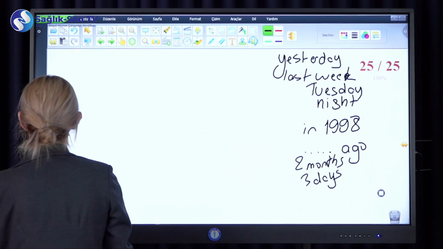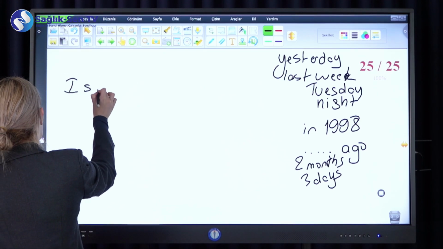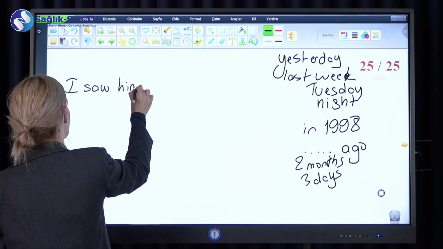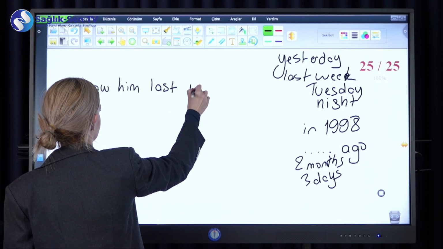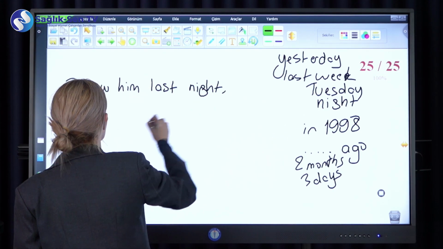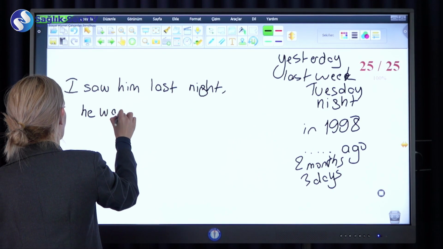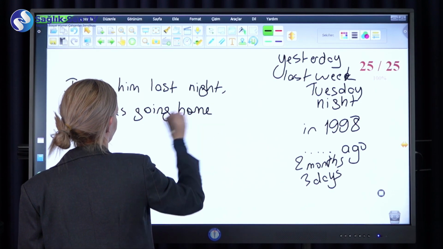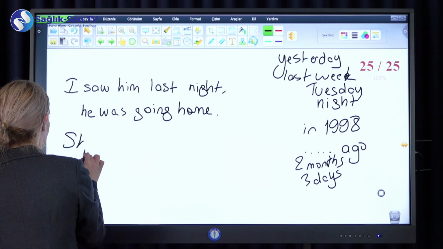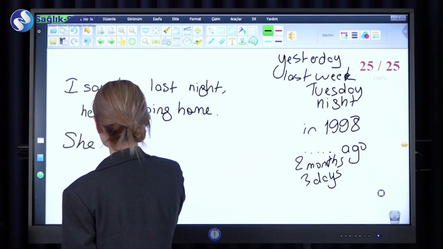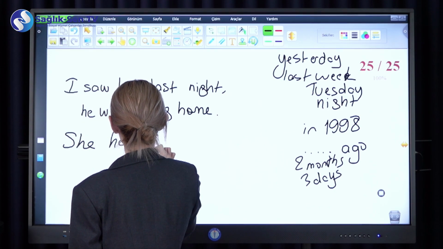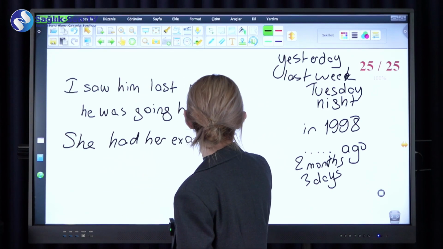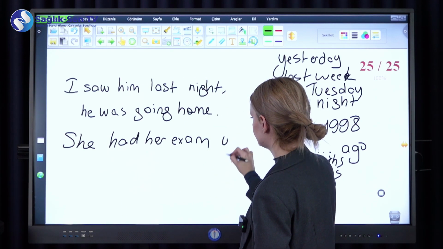Let's give examples. I saw him last night. He was going home. She had her exam yesterday.